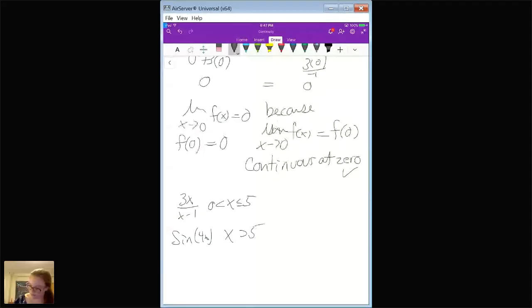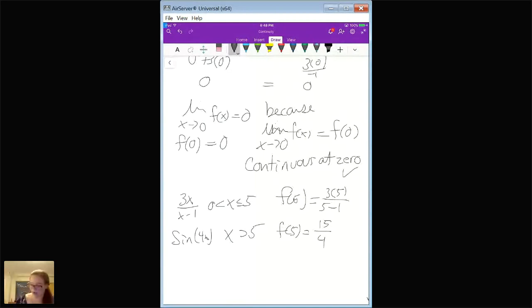Okay. So going through our limit definition, we want to first know f of 5. In order to find f of 5, we only have to plug it into the function where x is equal to 5. So we just plug it in here: 3 times 5 over 5 minus 1. We get 3 times 5 is 15 over 4. That is our f of 5, so it exists.